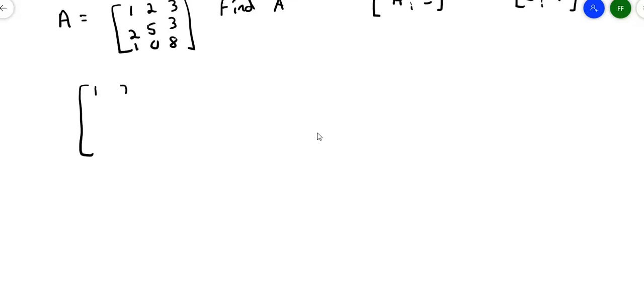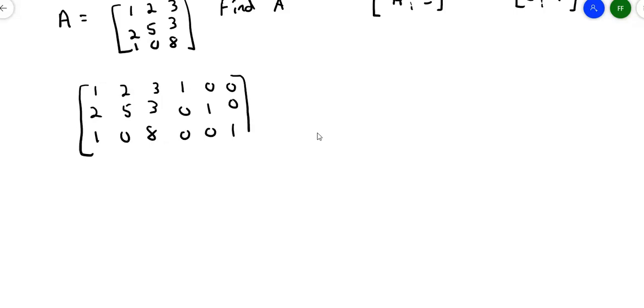So my matrix goes 1, 2, 3, 2, 5, 3, 1, 0, 8. Then on the right side, I put the identity matrix, 1, 0, 0, 0, 1, 0, 0, 0, 1. All right, let's see if we can do more than one thing at a time so we don't have to write this a lot. What do I need to do?